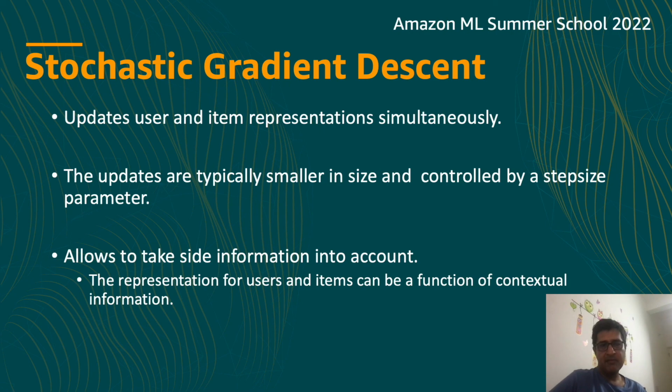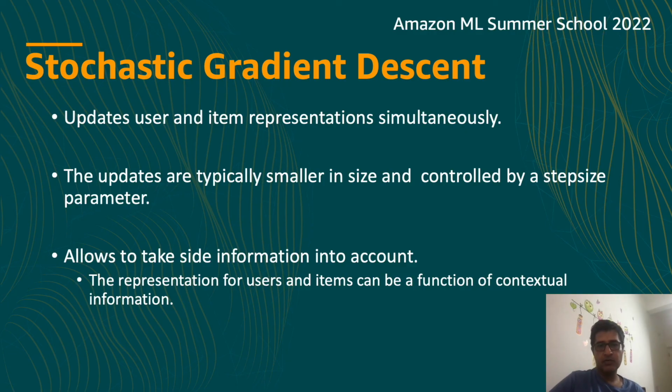Okay. And like we discussed earlier, this overall structure allows you to take side information into account. Till now we have only talked about using the bias terms for users and items. You could also bring in other features of users and items into account.